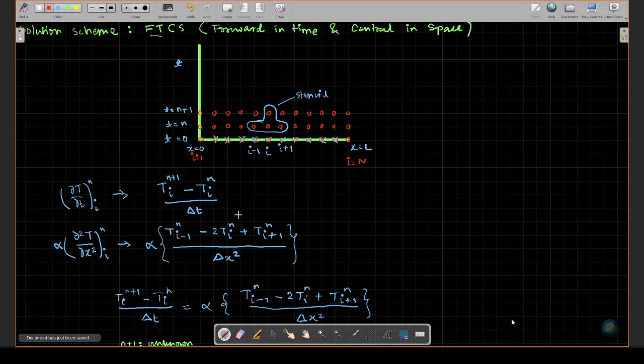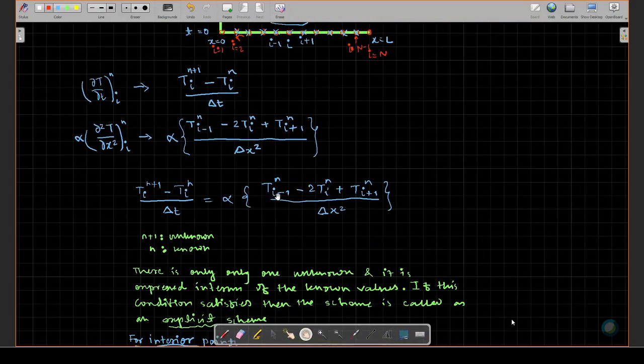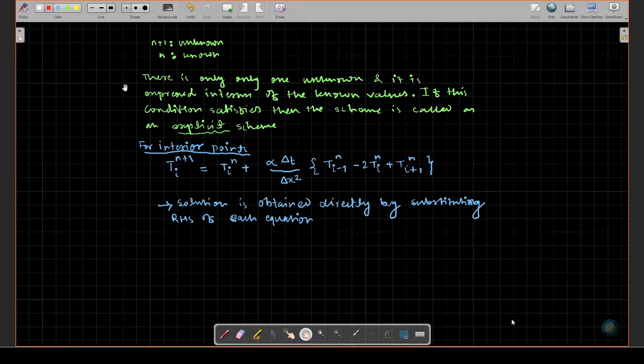So from I equals 2 to I equals N minus 1, you have this equation for interior nodes.